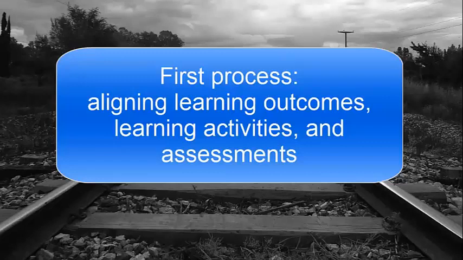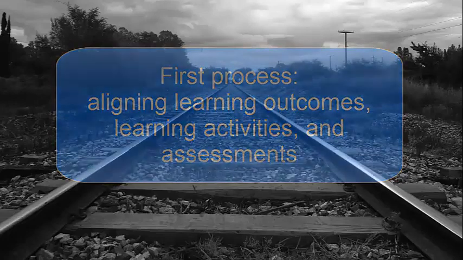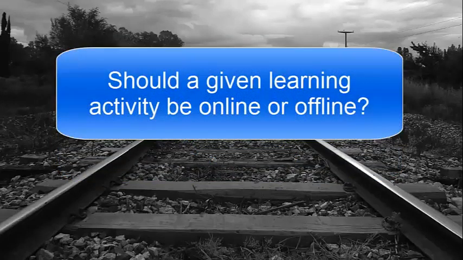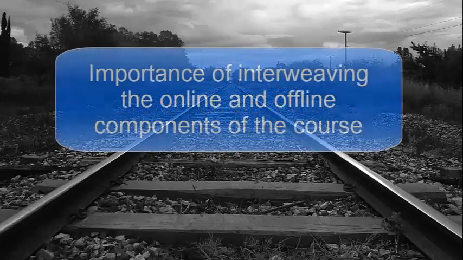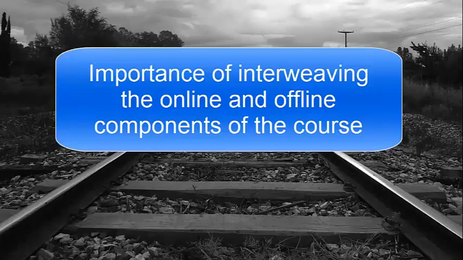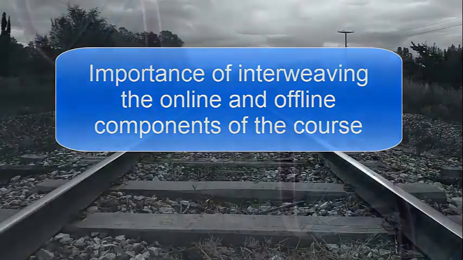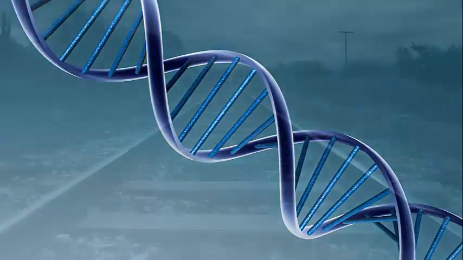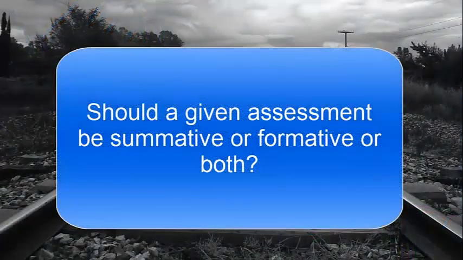It also highlighted the need for instructors in blended environments to think carefully about whether a given learning activity should be online or offline, and the importance of interweaving the online and offline components in a kind of double helix manner so that the course is truly blended. It also encouraged instructors to consider whether a given assessment should be summative or formative in nature, or both.